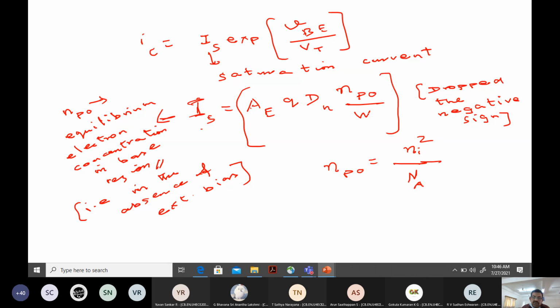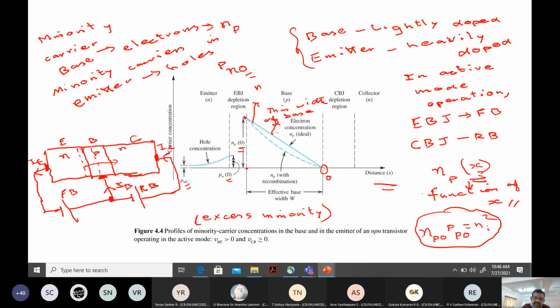So W is nothing but the width of the base. If you look at this diagram, it is written as effective width because on either side of the edge, a depletion region is formed, which will not have any mobile charges.